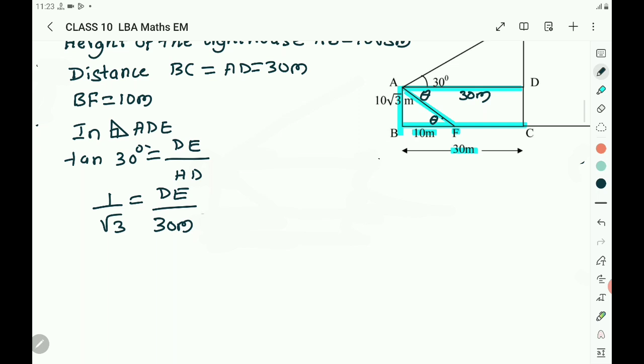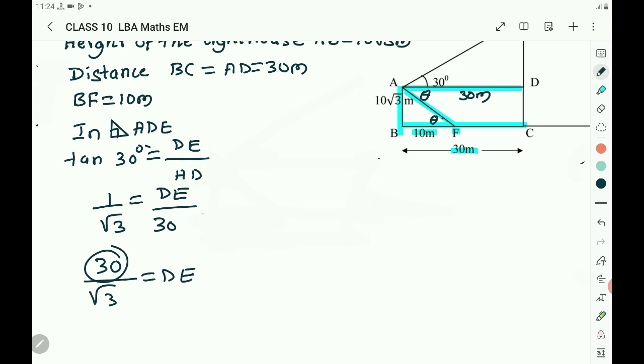Then 1 into 30 by root 3 is equal to DE. 1 into 30 is 30. 30 by root 3 is equal to DE.